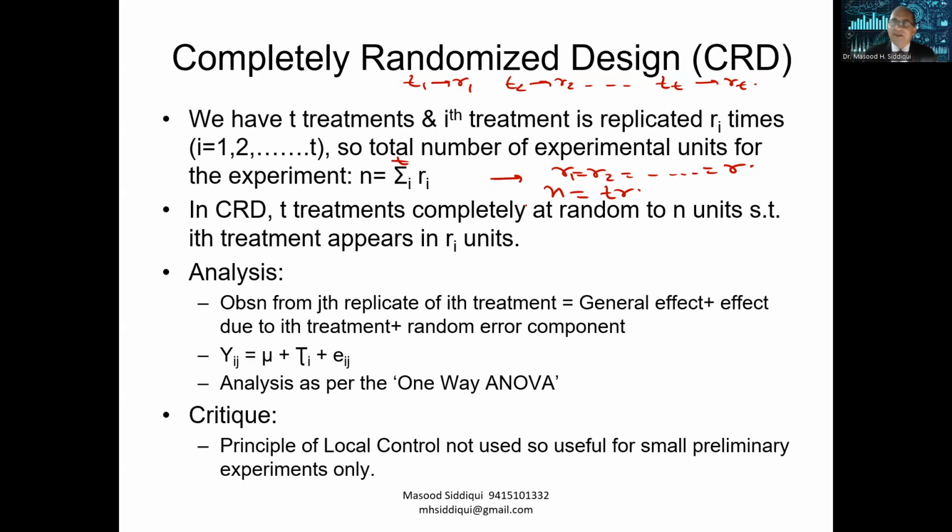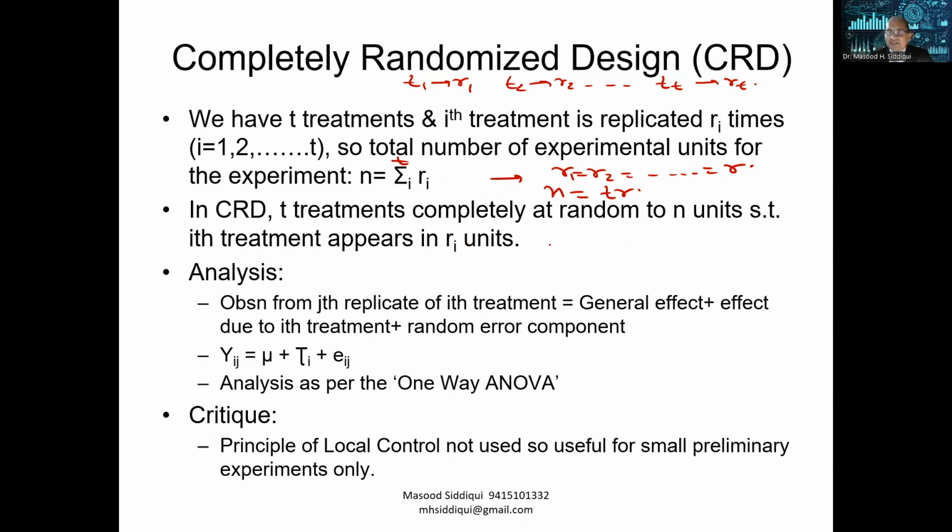So this is N. Now in CRD, since the name is completely randomized, there is full freedom. So t treatments are applied completely at random to the N units, such that the ith treatment appears r_i times. So there is full freedom, right?